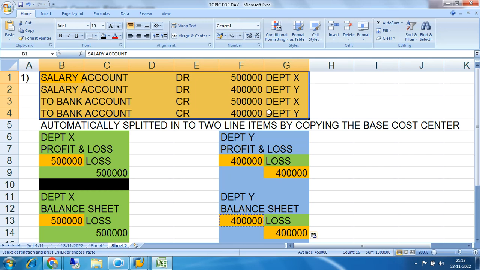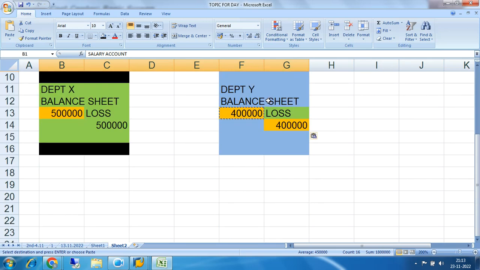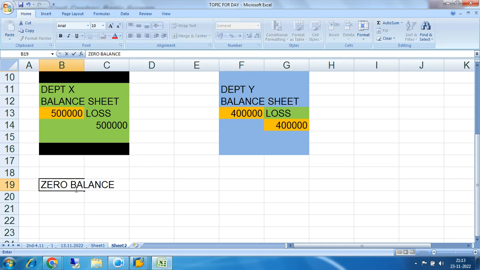But there is a new thing I am going to tell you. Out of all of you, most of you are already working in SAP. Have you noticed that there is a GL account called zero balance clearing account?